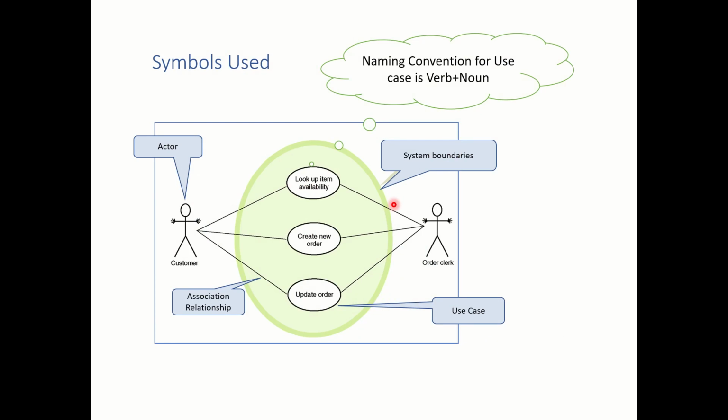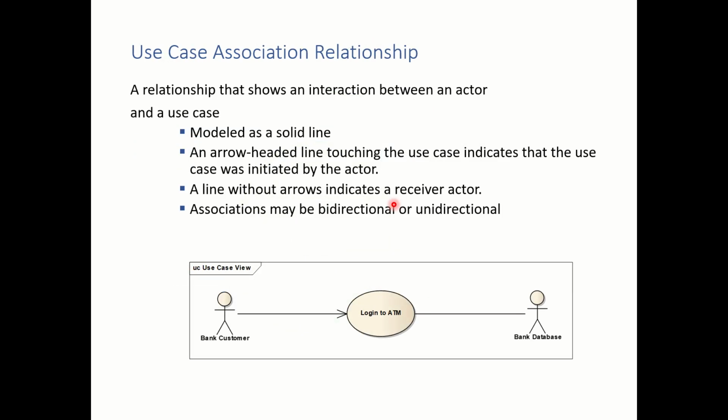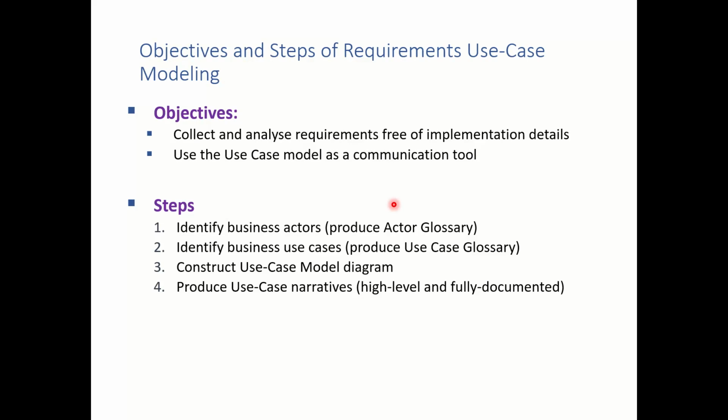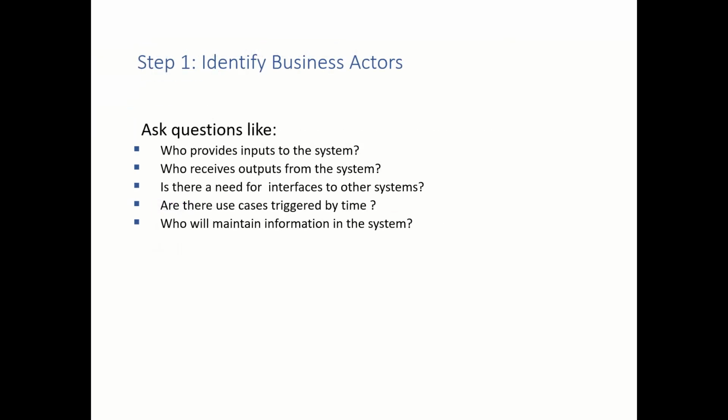They could be external, temporal, or even internal events. And there are certain conventions that you have to follow, and certain relationships you have to know. The main one is the association relationship, and these are the objectives and the various steps that are part of use case modeling.